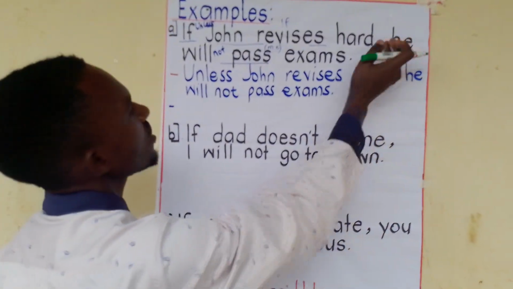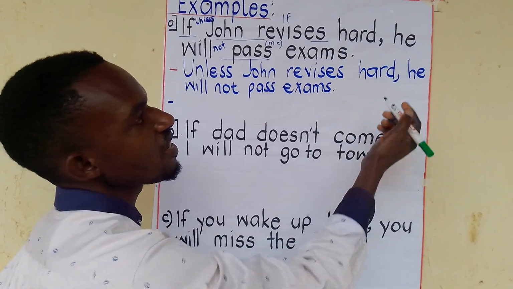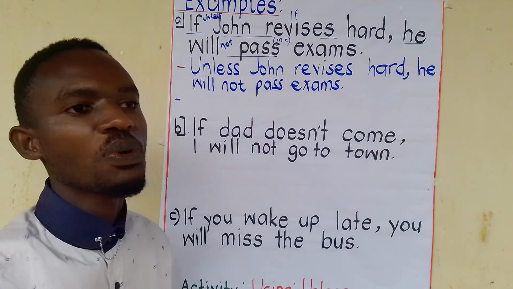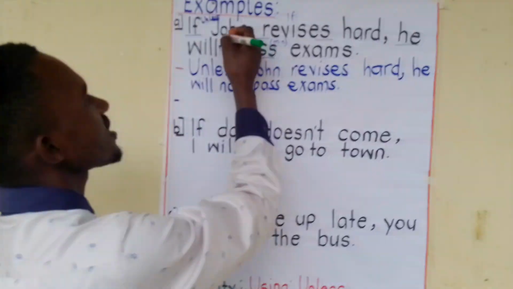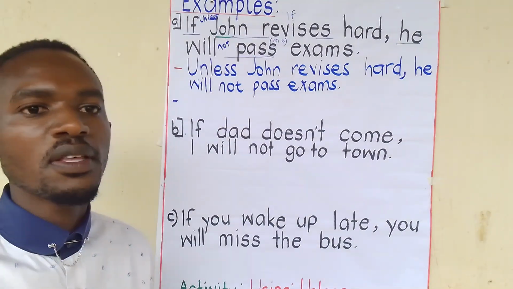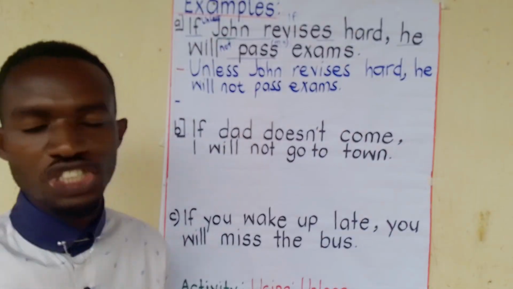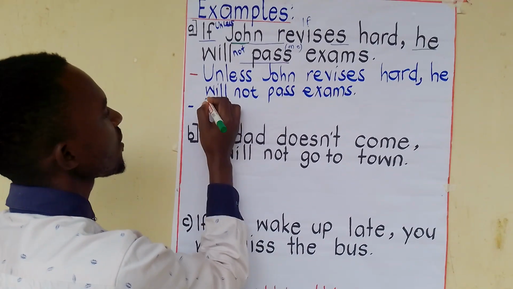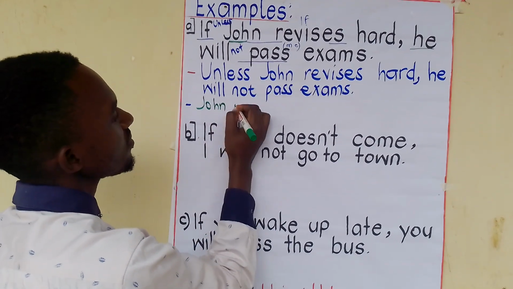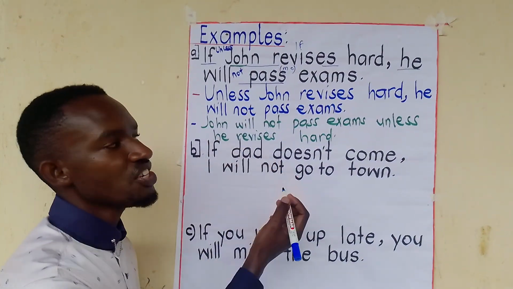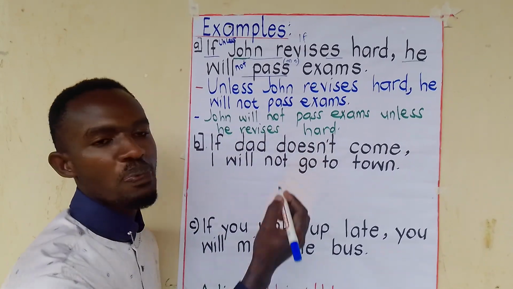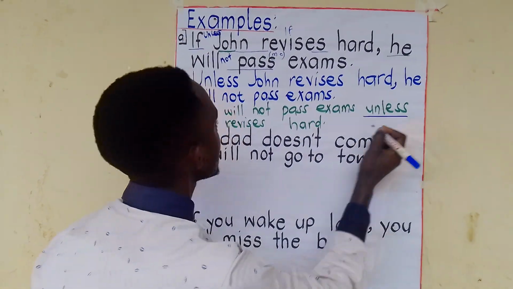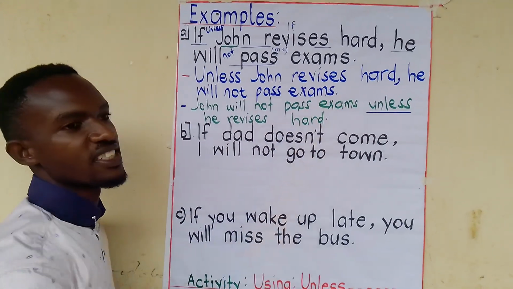This is the main clause: he will not pass exams. But we can't start our sentence with the pronoun he, so we shall start with the proper noun, which is John. And so the answer is, John will not pass exams unless he revises hard.